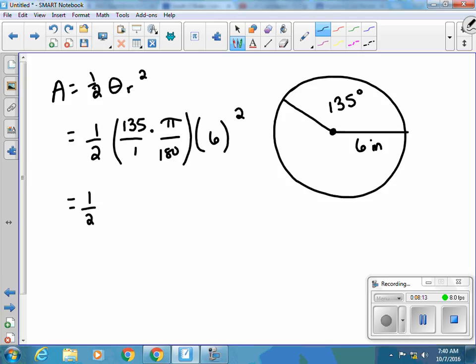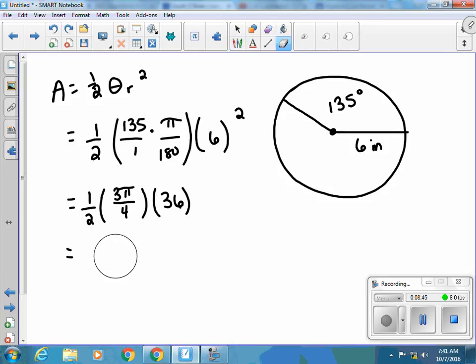So I've got 1/2 here. And then I've got 36 on the outside, and I got to do my mental math here to do 135 divided by 180, which is going to be 3/4. So we've got 3 pi over 4. Okay, so half of 36 is 12.